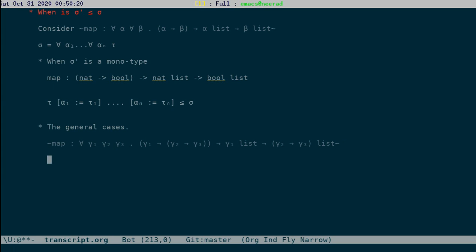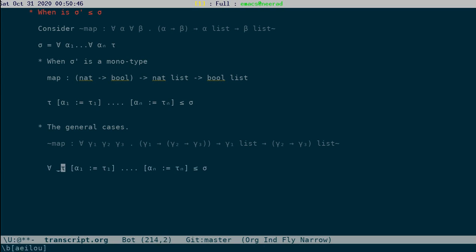So the general case is as follows. We can take the same expression in tau, which is the base monotype of sigma. You can replace alpha 1 with tau 1 and alpha n with tau n, together with quantifying over certain variables in tau 1 to tau n.